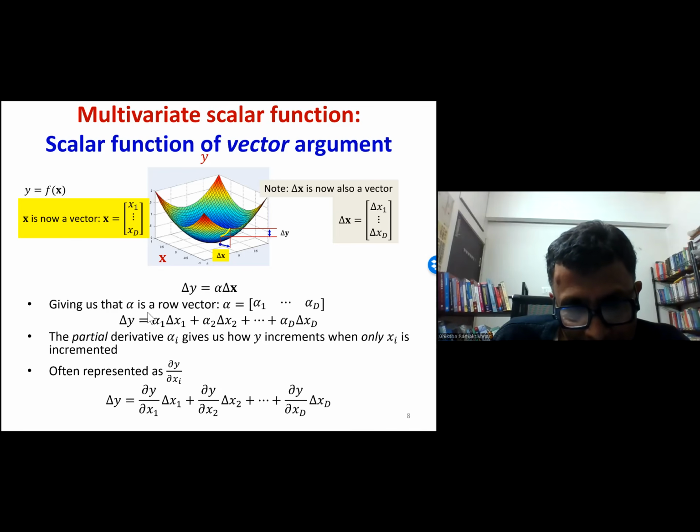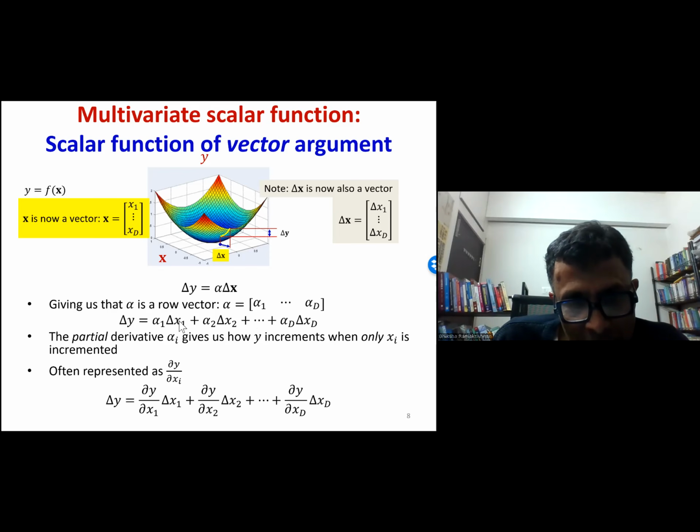And that multiplicative factor alpha 1 is what we call the partial derivative of y with respect to x1. It tells us how y increments when only x1 is incremented. Or more generally, the partial derivative alpha i tells us how y increments when only xi is incremented.